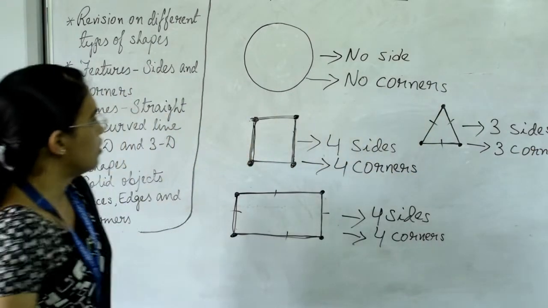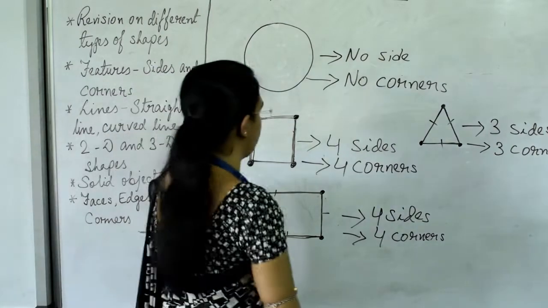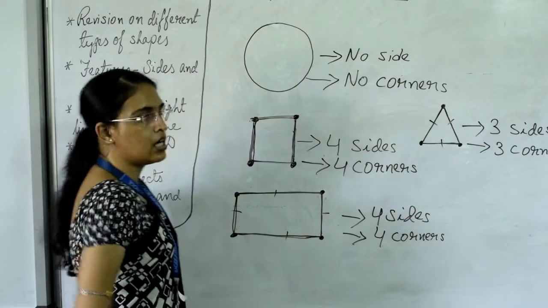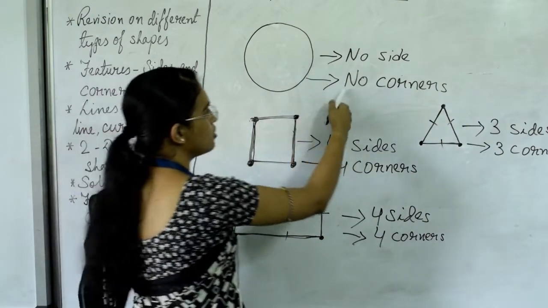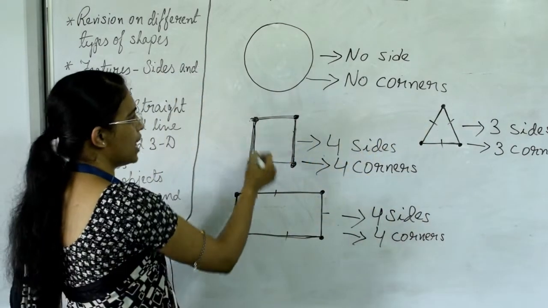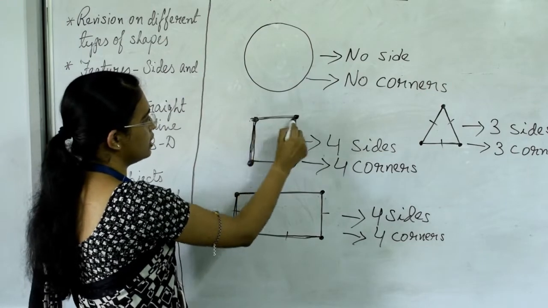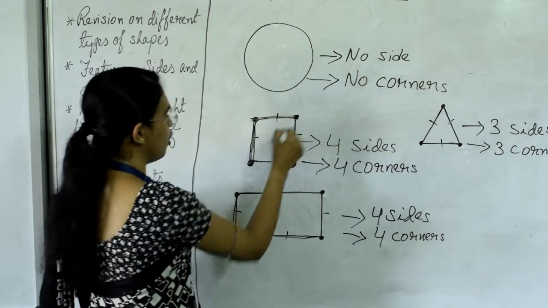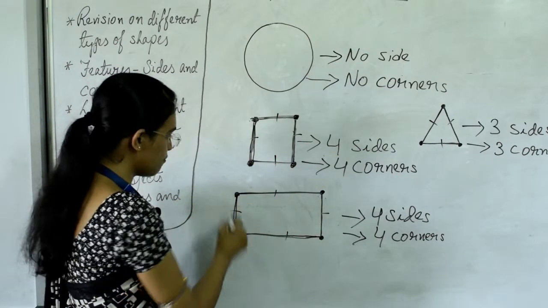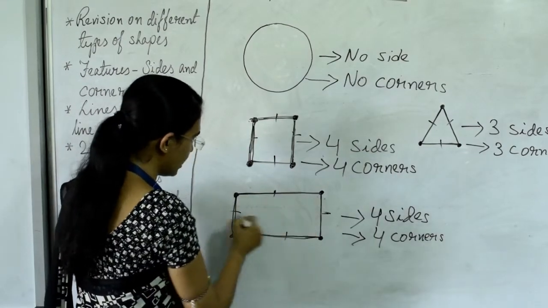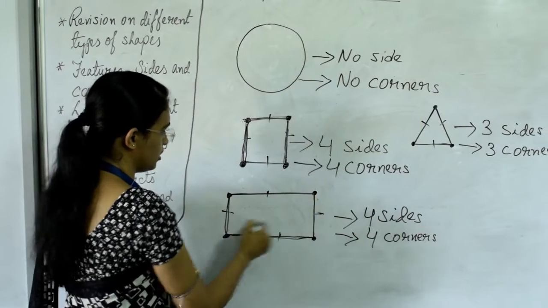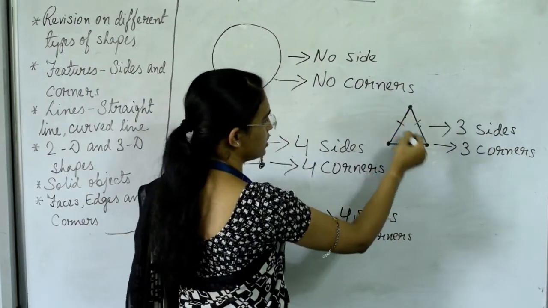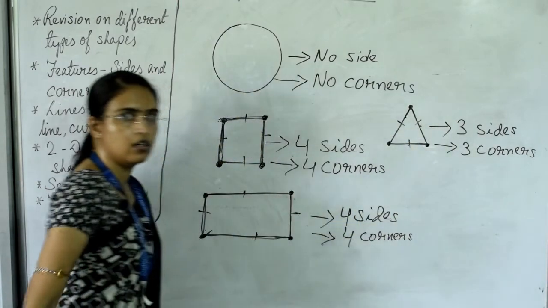Okay. Now circle has no sides and no corners. Square has 4 sides and 4 corners. Rectangle has 4 sides and 4 corners. And triangle has 3 sides and 3 corners. Okay.